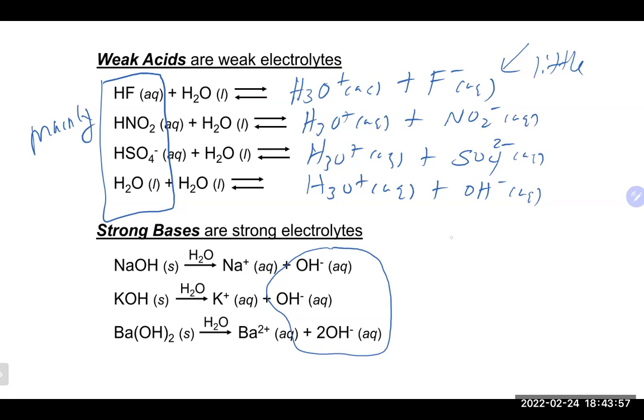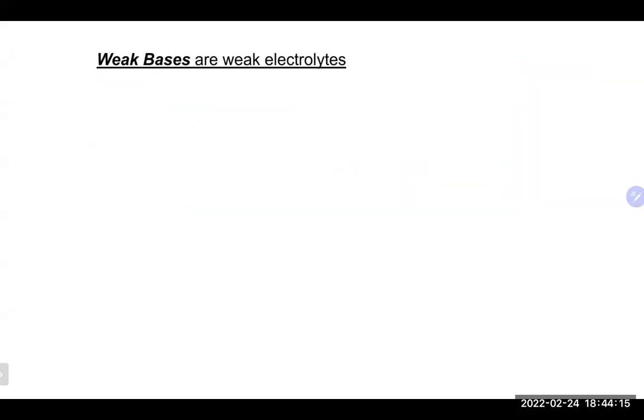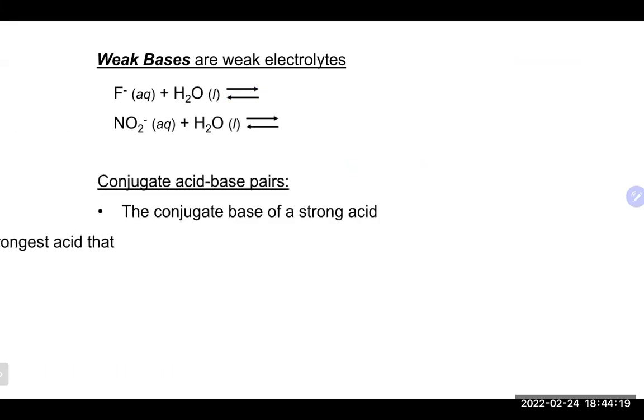So like our acids, 100% of what you got going on in solution is on the right-hand side here. You have no sodium hydroxide units still together in solution. And again, much like the acids, it's able to produce a lot of hydroxide really quickly, which makes it a strong base. There are definitely some weak bases as well.